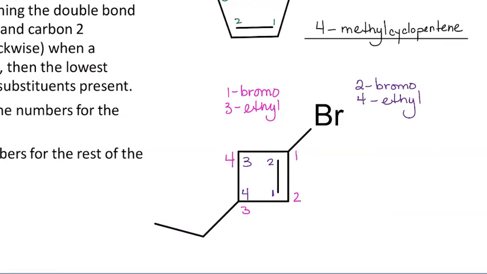Now, based on the rules that we already discussed in terms of numbering the substituents, you guys, which one would you pick? Magenta or purple, or you can say pink or purple. Great, magenta, I agree.